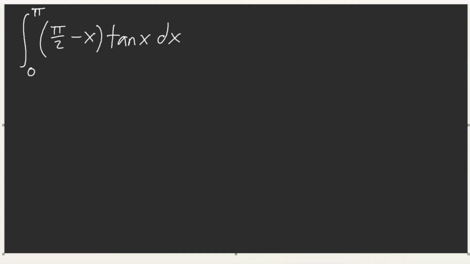We color this in yellow. Let u equal pi over 2 minus x. Then what we have is the integral from negative pi over 2 to pi over 2, then we have u, and we have cotangent of u, du. This is an even function.